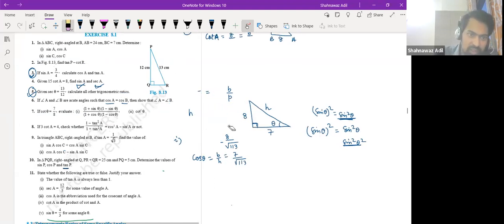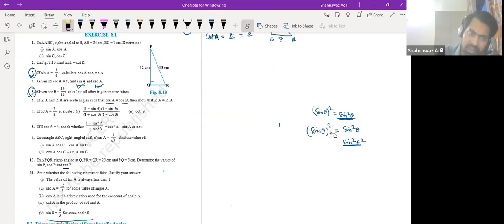What is the eighth question? The eighth question is the same as the previous one.